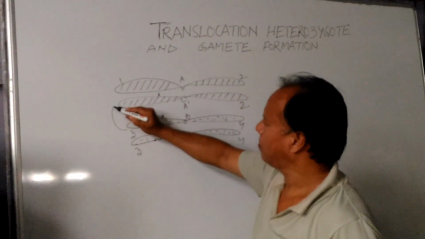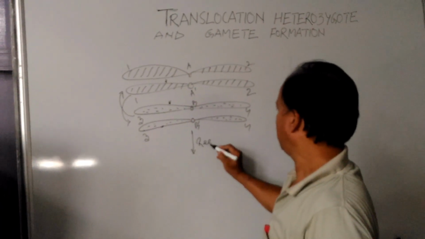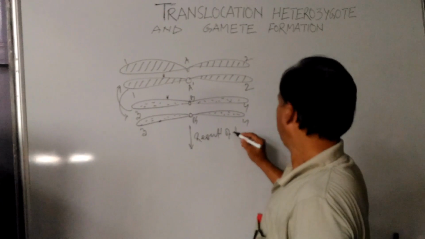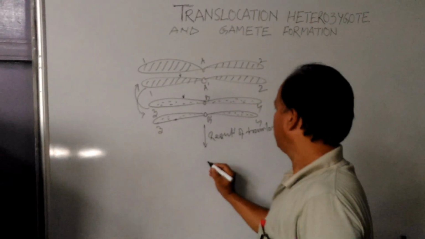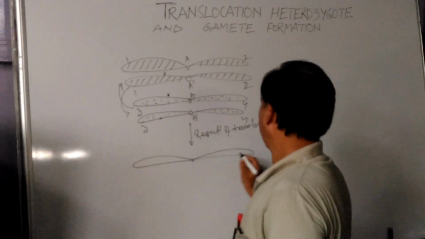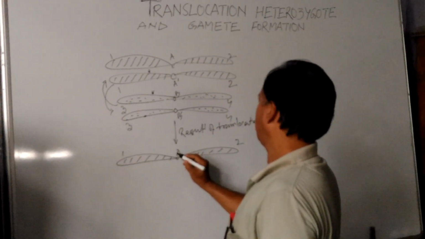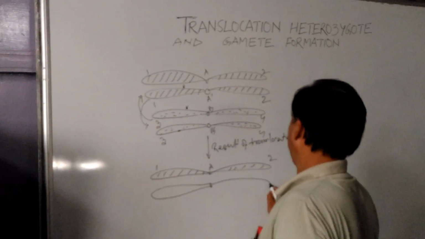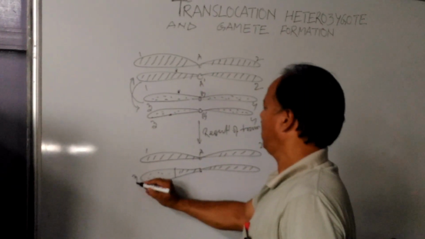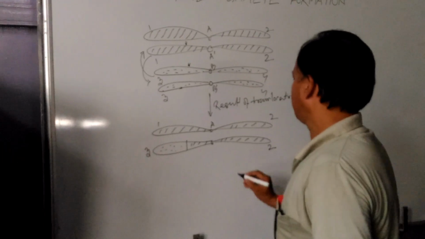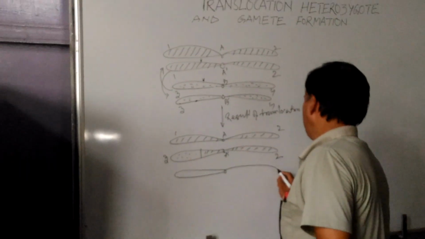From the second chromosome, gene 1 is shifted to the third chromosome having centromere B, and at the same time from the third chromosome gene 3 will be shifted to the second chromosome which is having centromere A prime. Thus, in a translocation heterozygote, two normal chromosomes and two translocated chromosomes are observed.